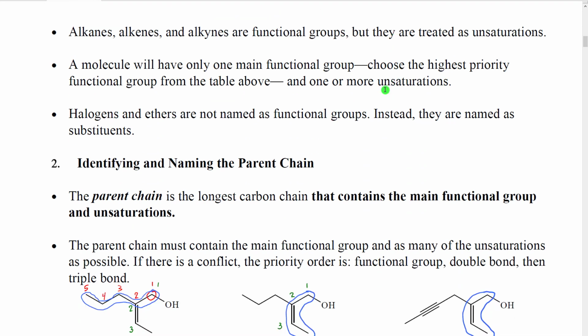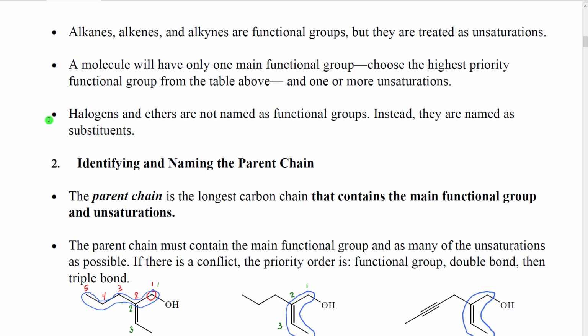Now, alkanes, alkenes, and alkynes are functional groups, but we are going to treat them as unsaturations. And in fact, we need to identify all of the unsaturations. A molecule will have only one main functional group. We will choose the highest priority functional group from the table above, but then we will use all of the unsaturations.